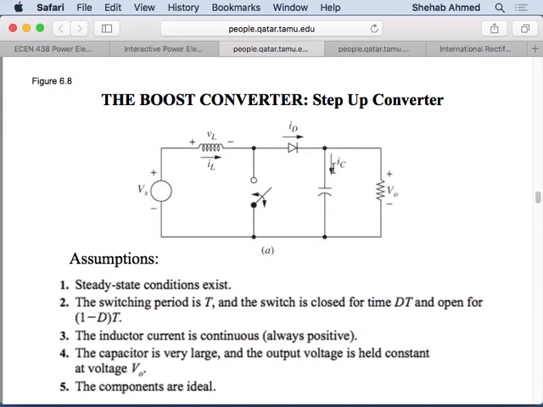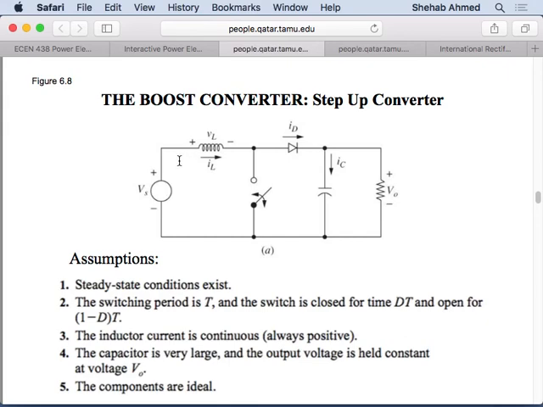For the same value of resistance, that means my average value of current has increased, which is the same average value of current through my inductor. If I put a resistance here, that resistance is also seeing a higher average value of current. So a higher value of current to the resistor means a higher voltage drop.